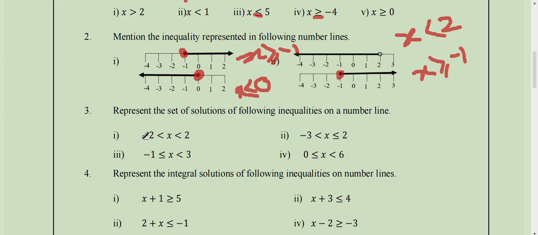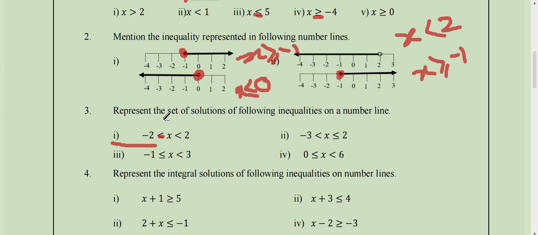Look at this inequality: minus 2 is less than x, which is less than 2. That means x is greater than minus 2, but x is less than 2.